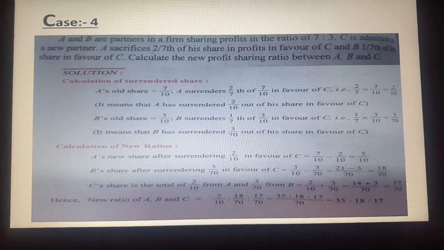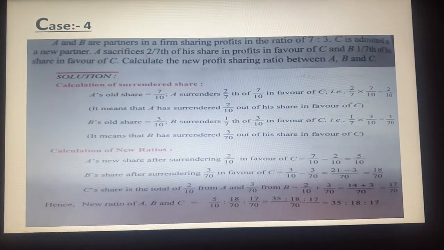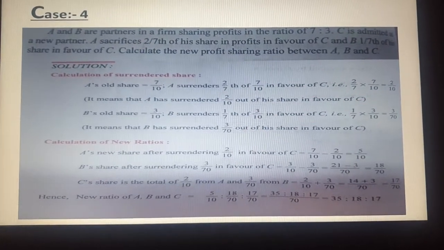Now you have to calculate the new ratio of all three partners using the formula old minus sacrifice.